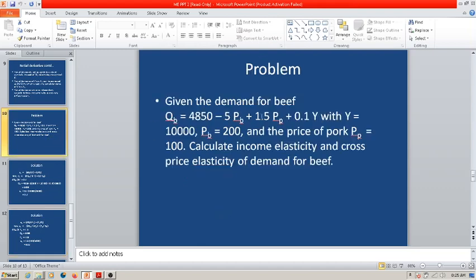Again, in this expression, we are supposed to calculate the cross price elasticity of demand. So this term is important. We can bracket all the other terms. Since all the other terms are additive constants, we can easily eliminate all of them, and QB is found to be a function of this alone, 1.5 PP, where PP is the price of pork.